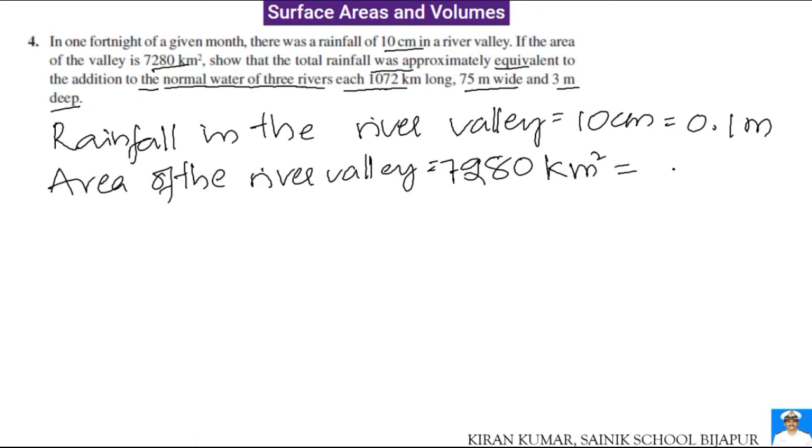This will be in terms of meter, 7280 followed by kilometer in terms of meter, 1000 into 1000. I'll write it as 10 raised to the power 6 meter square. Because 1000 into 1000 is 10 cube into 10 cube, so 10 raised to the power 6.